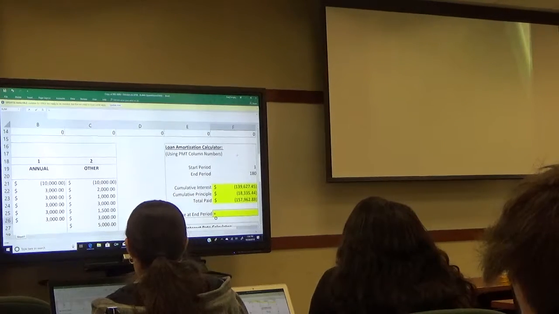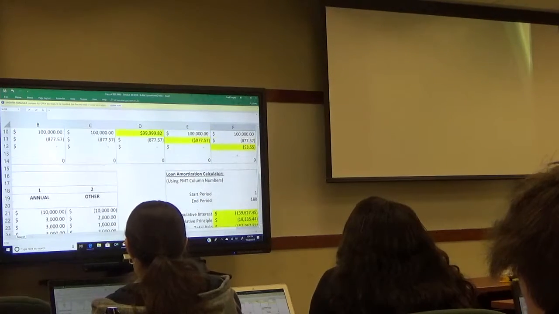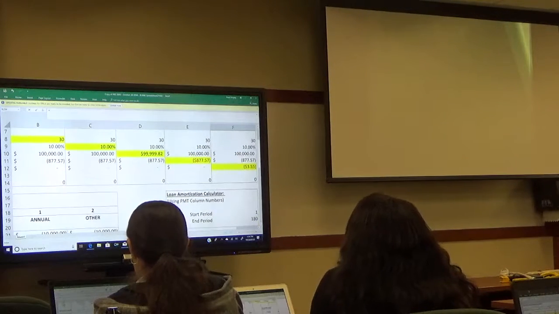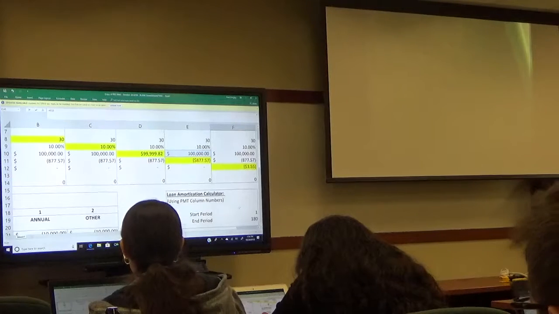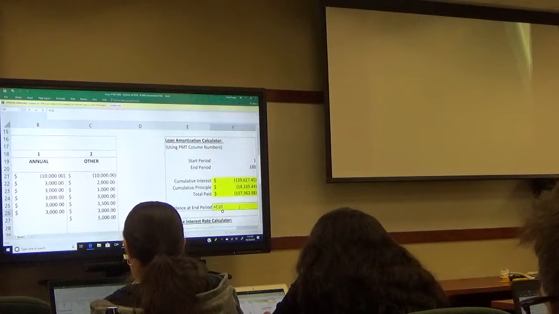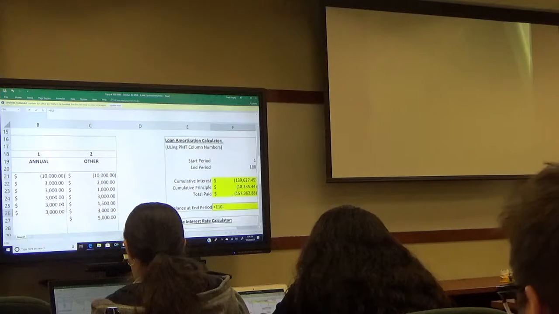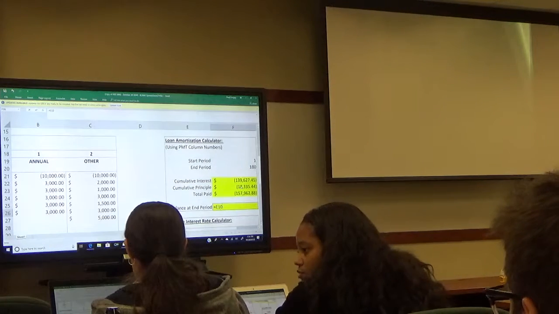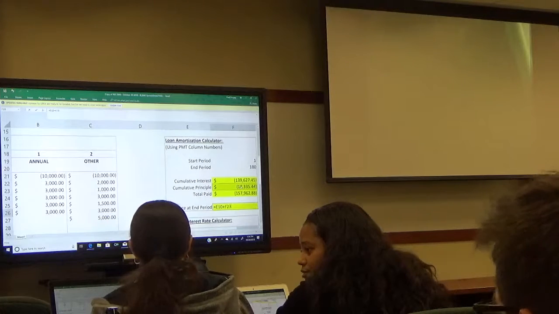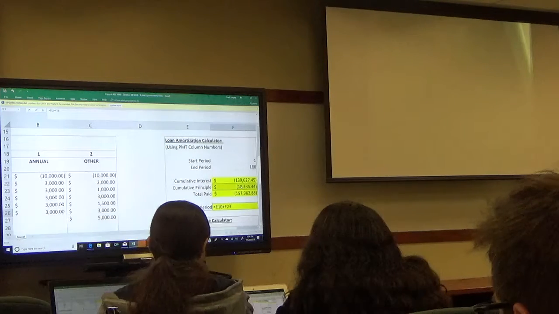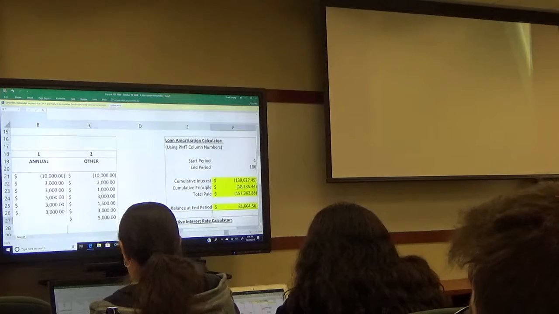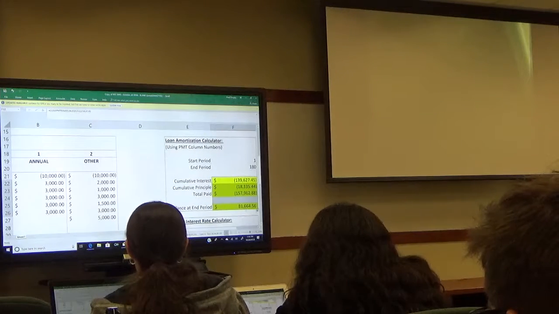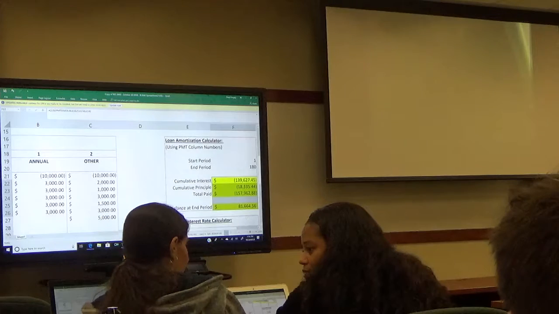So you're going to take the 100,000, cell E10, and then subtract it out, or actually we're going to add it because of the sign, to F33 or F23. That should give us 81,664? Yep.